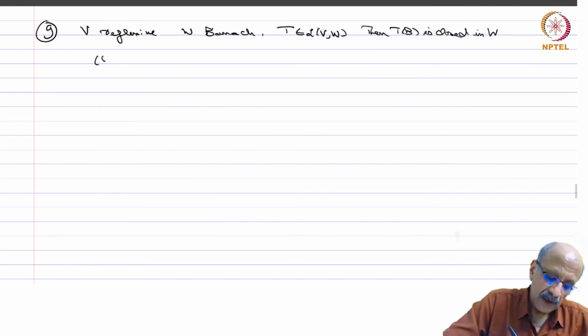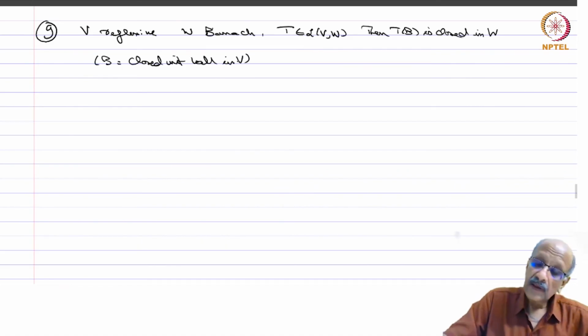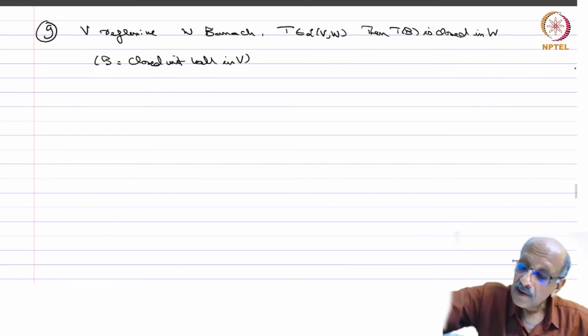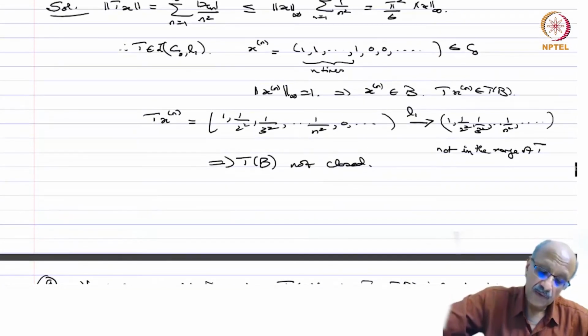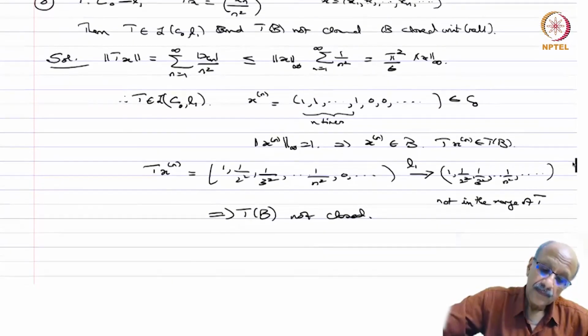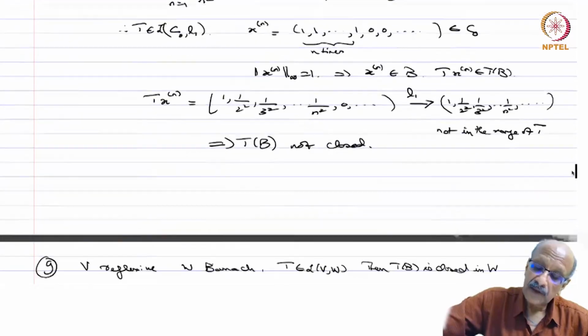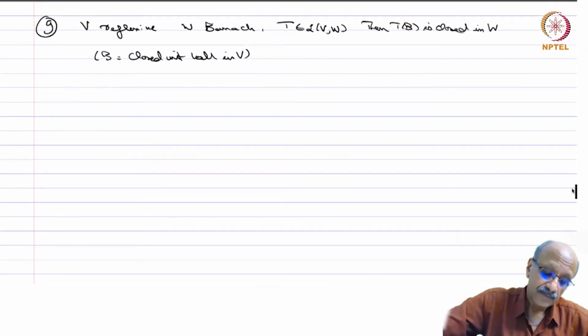So what is B? Closed unit ball. I hope I said that in the previous exercise also. Yes, B is the closed unit ball.